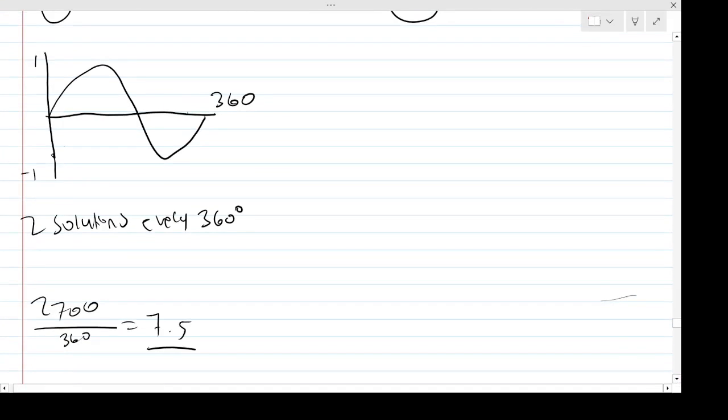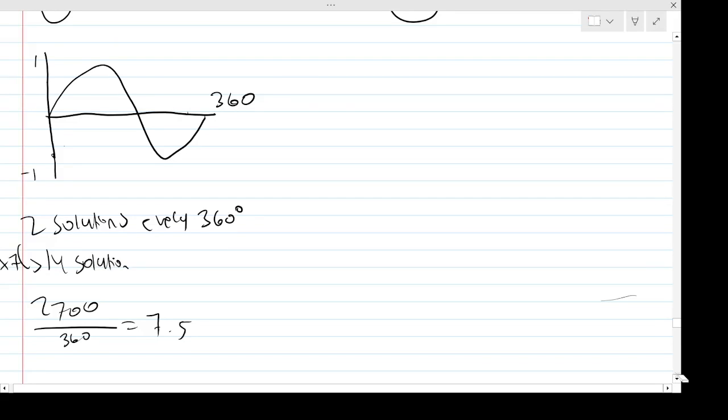That's telling me I need to do 7 cycles, 7 repeats of the curve, and then another half. So that's telling me that if I times by 7, and then we'll worry about the 0.5 later, if we times by 7, we're going to get 14 solutions, aren't we?